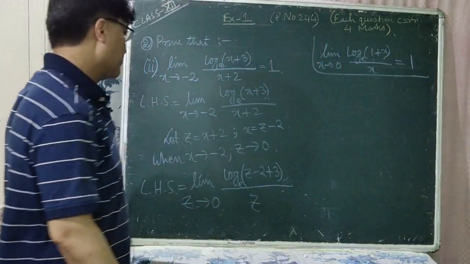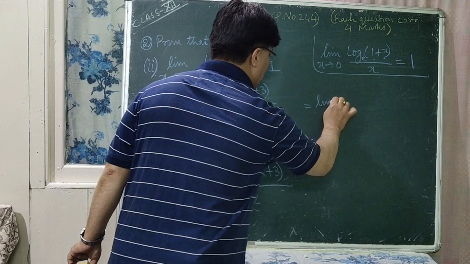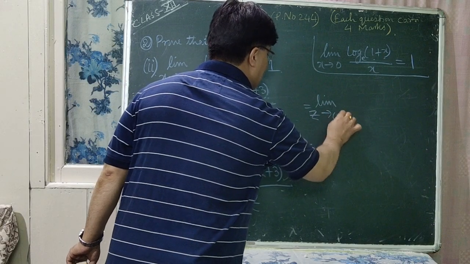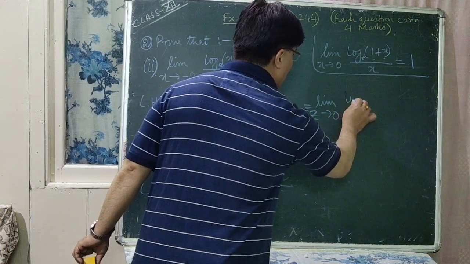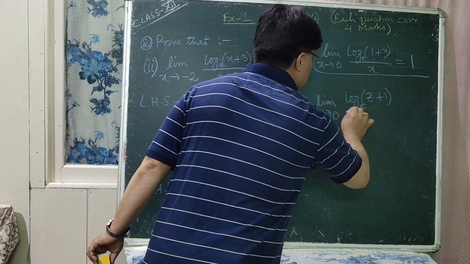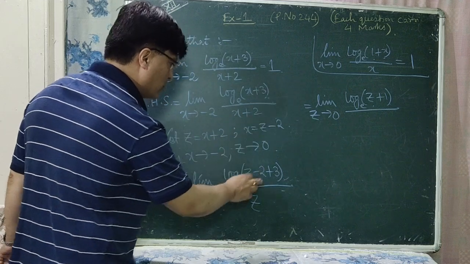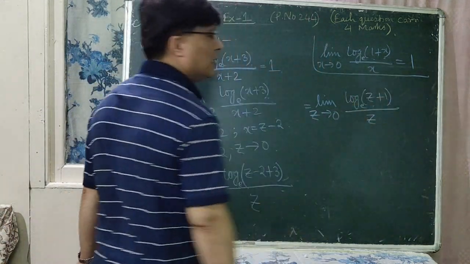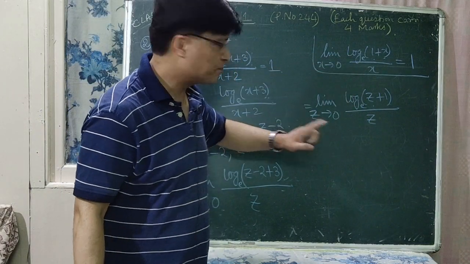So now you can simplify it further. Limit z tends to 0. Now in the numerator it will be log of, within bracket, z plus 1, the base is e, right? Plus 3 minus 2 is plus 1, whole divided by z. Now compare this standard limit and this limit.